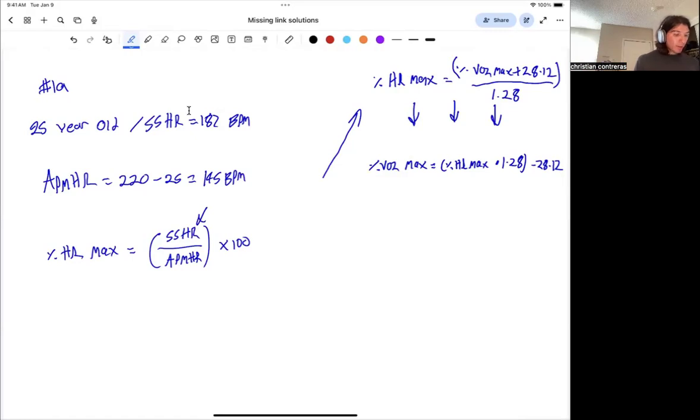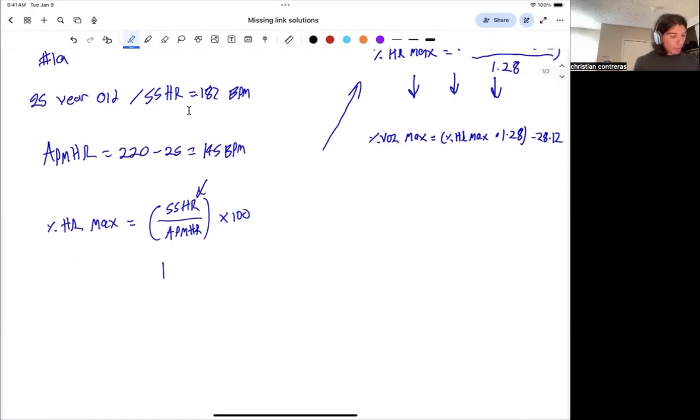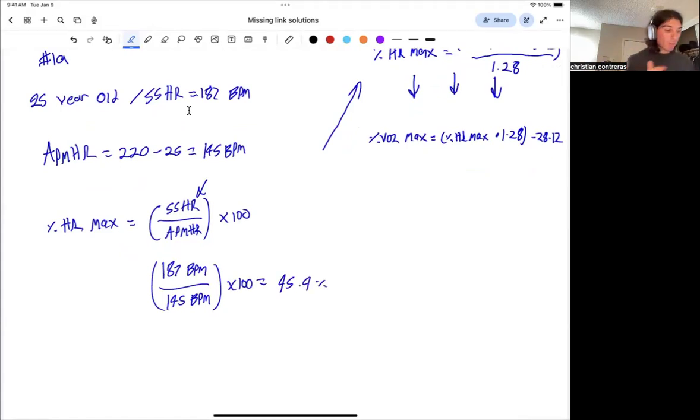So if we plug in those values, we get 187 beats per minute over 195 beats per minute times 100. If I throw that in the calculator, that's about 95.9% if we round. That's the percentage of her heart rate max that she's working at.